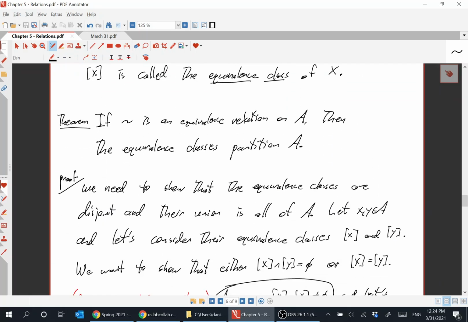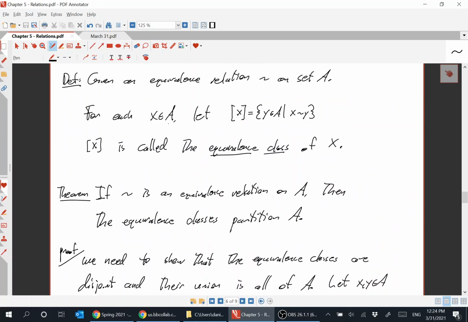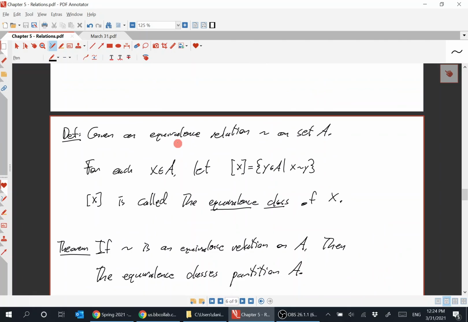And then the theorem about equivalence relations, you can call it the fundamental theorem of equivalence relations if you like. If tilde is an equivalence relation on A, equivalence classes. Given an equivalence relation tilde on A, for each x in A, you let bracket x be the set of all y's in A, such that x is related to y.